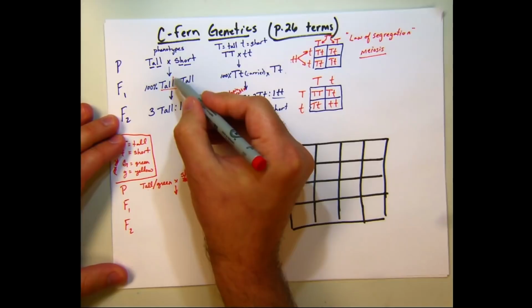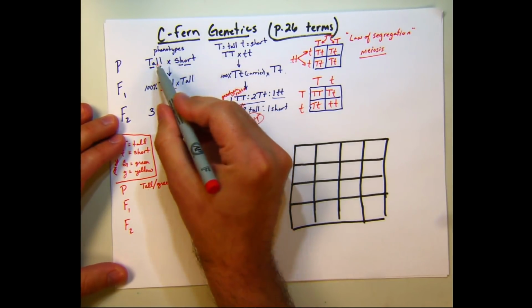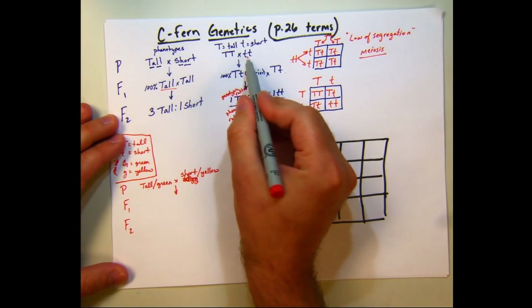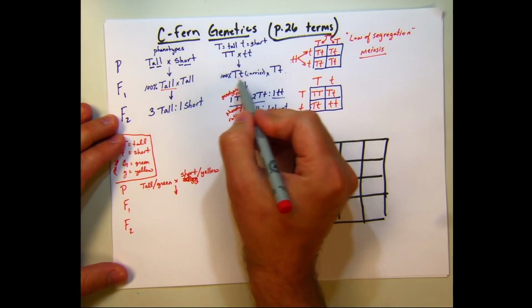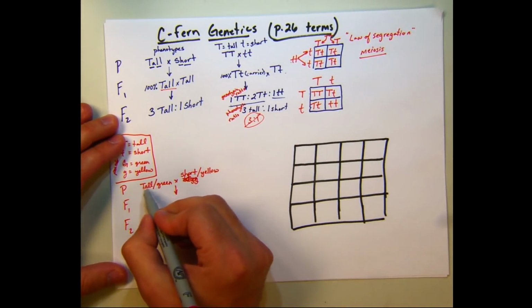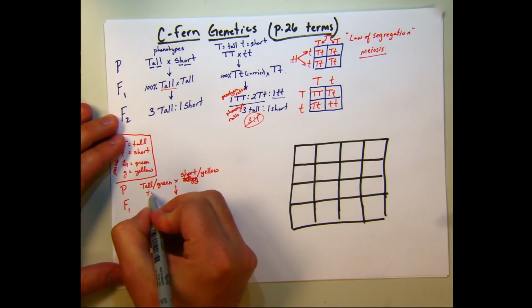So according to what happened up here, whichever one is dominant, when you have two purebreds, two homozygous, you will always get heterozygous. So this is double homozygous. I'll go ahead and put it down now, right here.